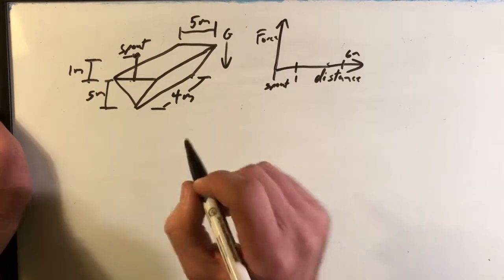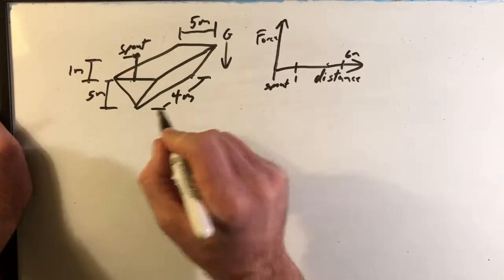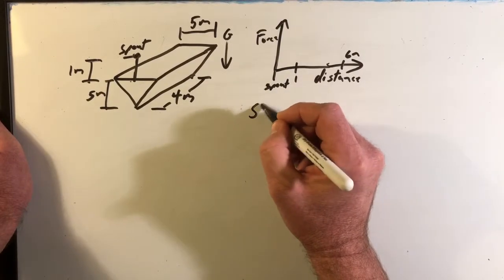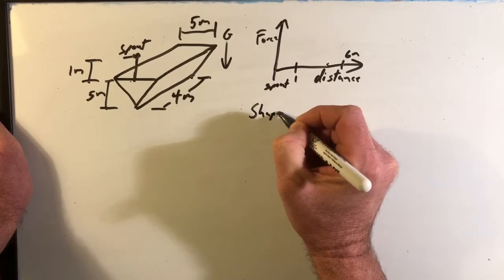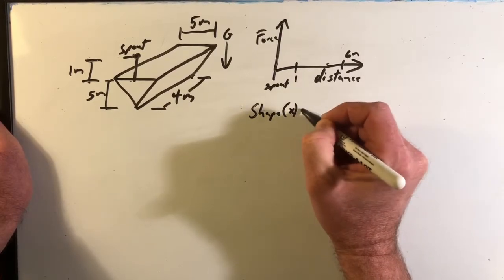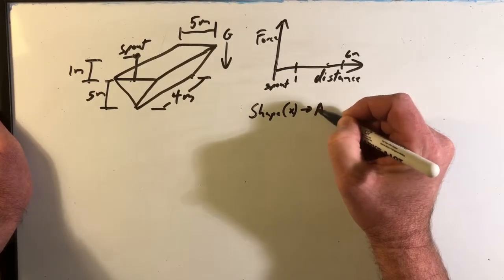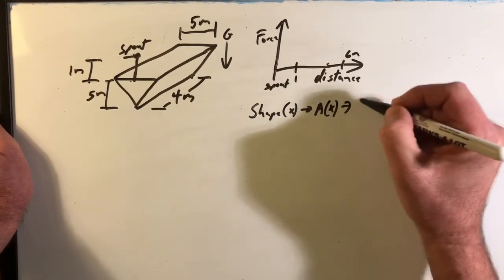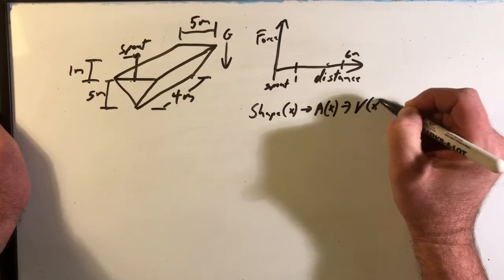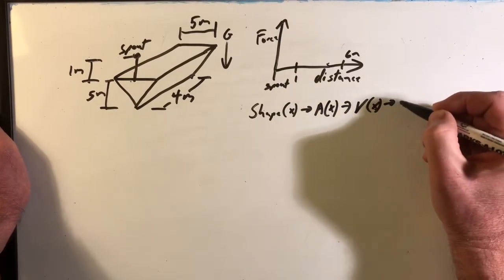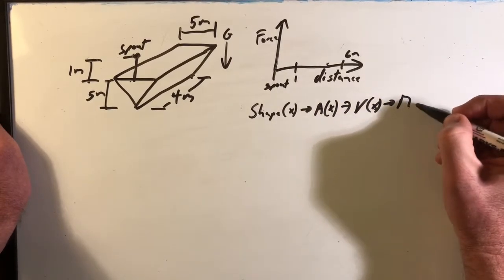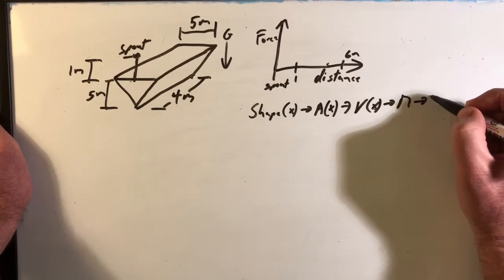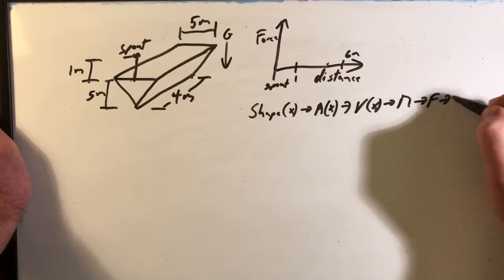But first, we have to set up the equation properly. It's really the shape of the tank as a function of x. That leads to your area as a function of x, which leads to volume as a function of x. And then it goes to mass, and then force, which gets you right to work.